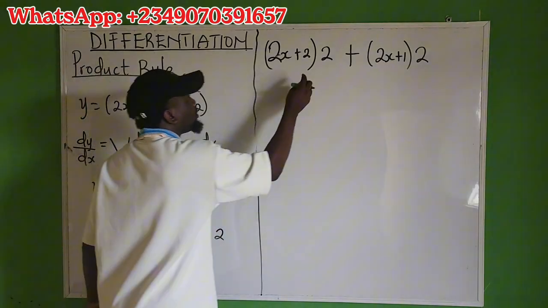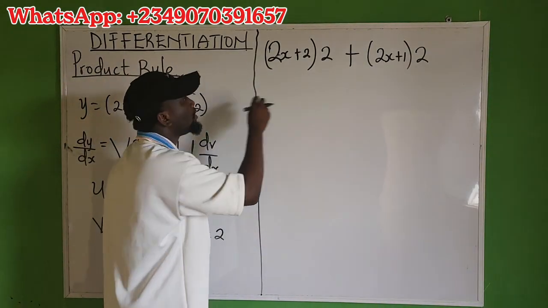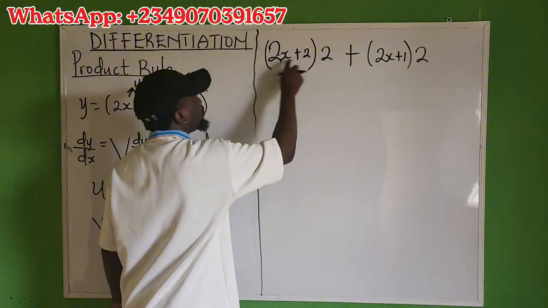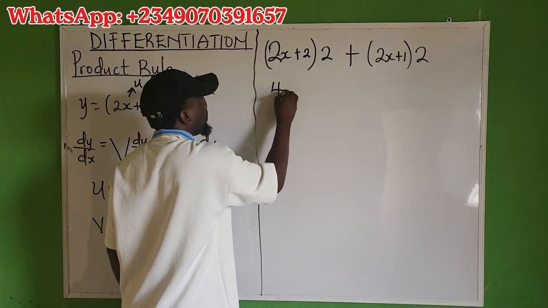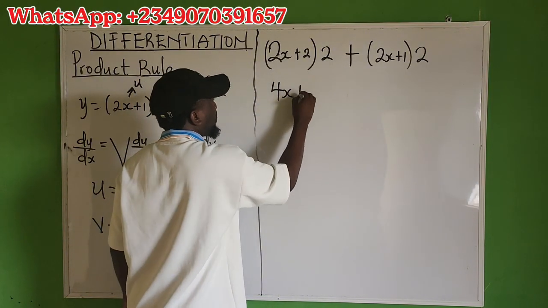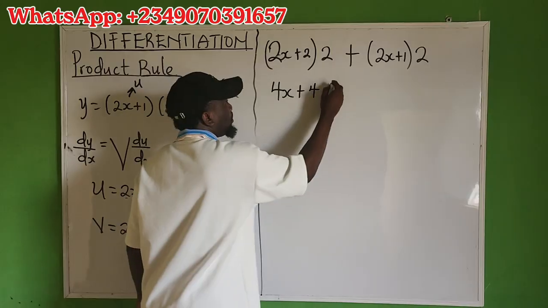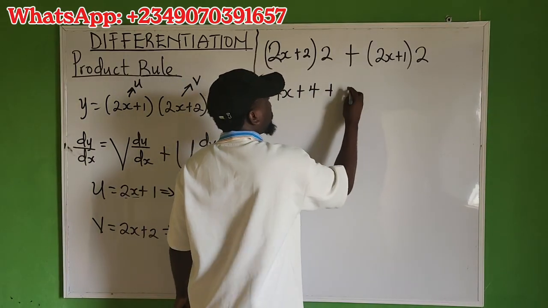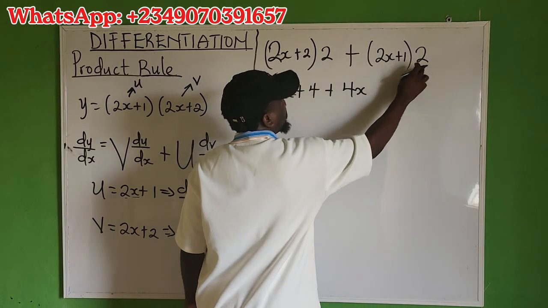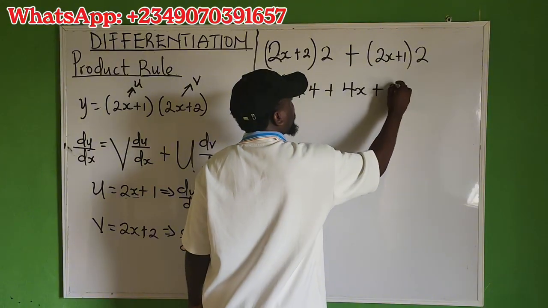So we try to open the bracket. We use 2 to multiply this. 2 times 2x is 4x. Then 2 times 2 will give us 4, plus 2 times 2x is 4x, and 2 times 1 will give us 2.